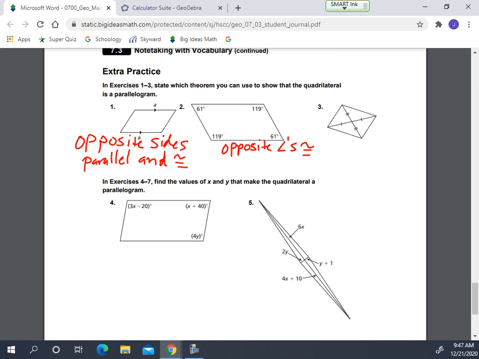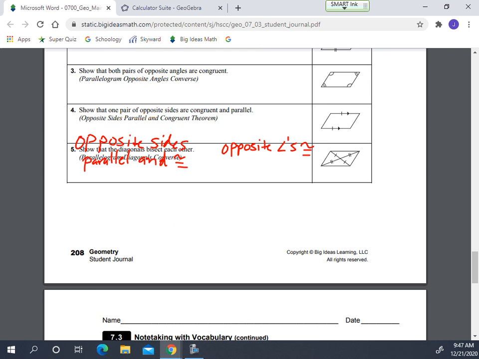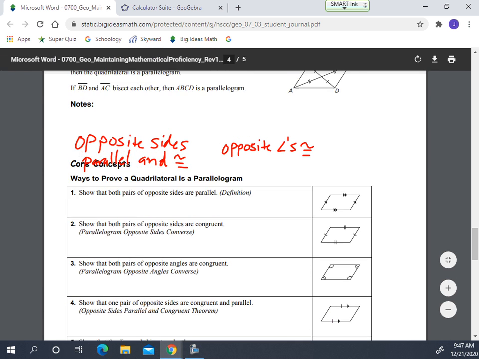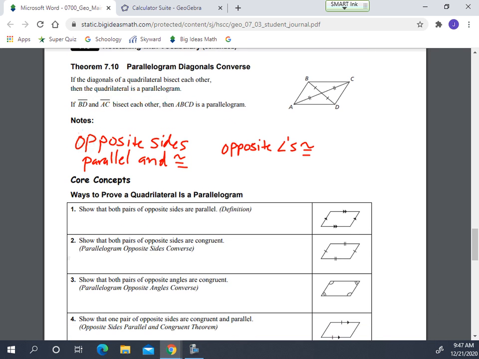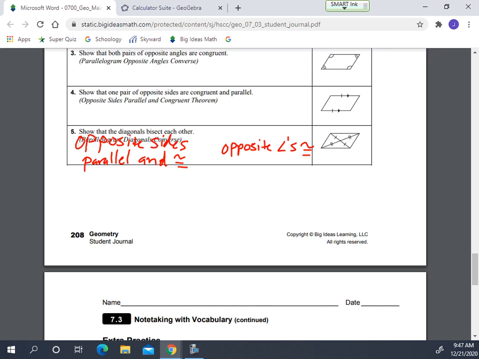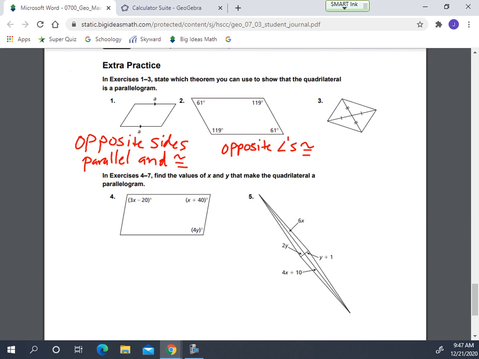Number three, you have to go up. I have to look, what is the diagonals one? Because I don't remember. I have to quickly remind myself. Parallelogram diagonals converse. I'm just going to say diagonals converse.